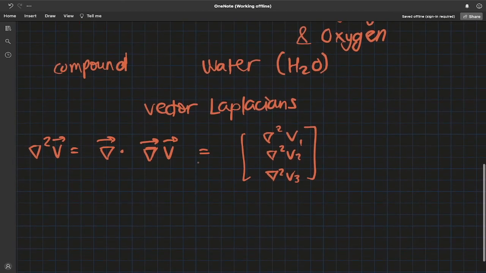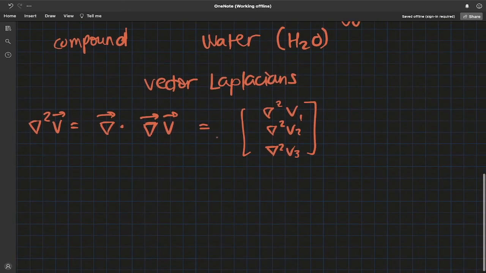And this is extremely useful in electrodynamics, especially when you're dealing with magnetic fields. You get a vector Laplace's equation, not a simple Laplace equation. You get a vector Laplace's equation for the magnetic field at least.